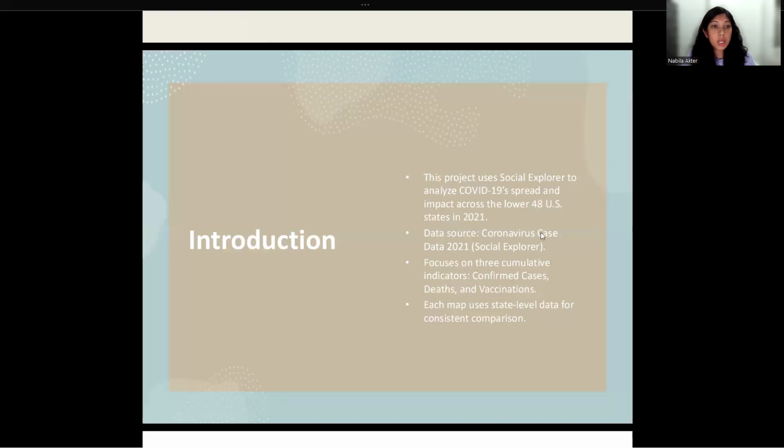I used the 2021 coronavirus case data from Social Explorer and focused on three cumulative indicators: confirmed cases, deaths, and vaccination. These indicators help show the overall impact of COVID-19 across the lower 48 US states.